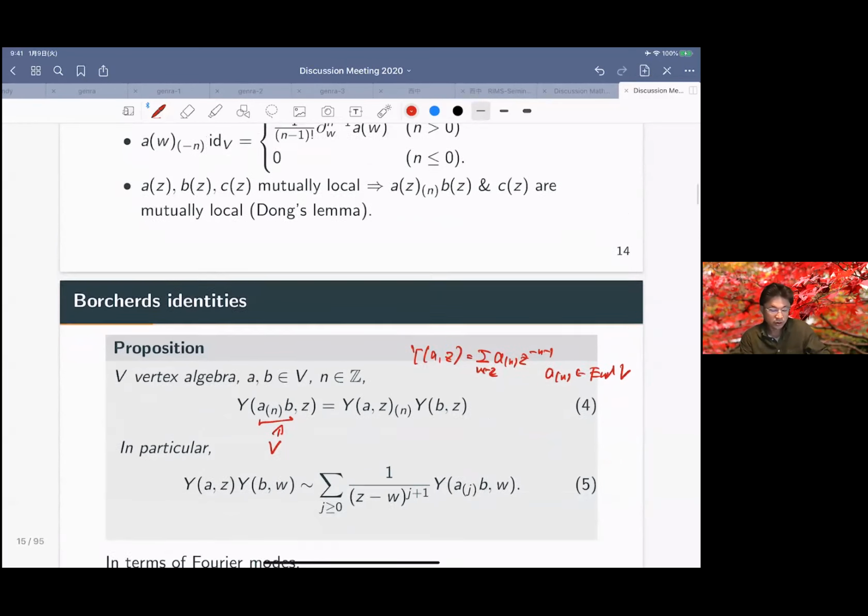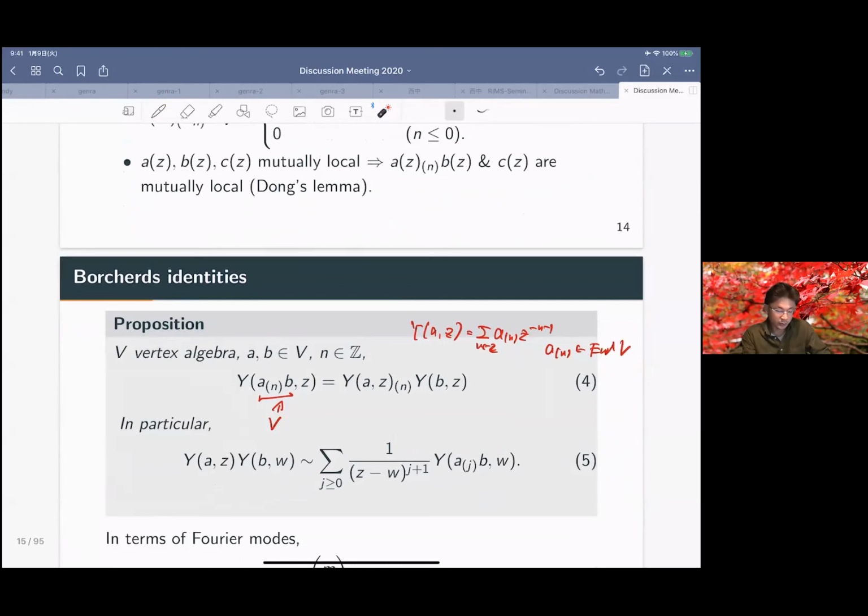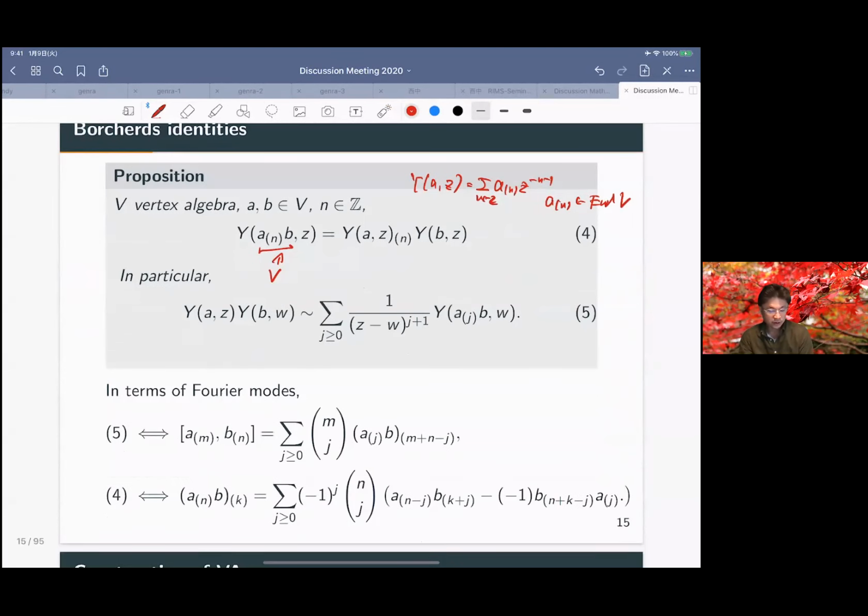If you recall this relation, it means that the operator product expansion of Y(A,g) and Y(B,g) is expressed in this way. In terms of Fourier modes, this relation is equivalent to this relation, which already appeared earlier. Here, this is a finite sum because A_jB is 0 for sufficiently large j.